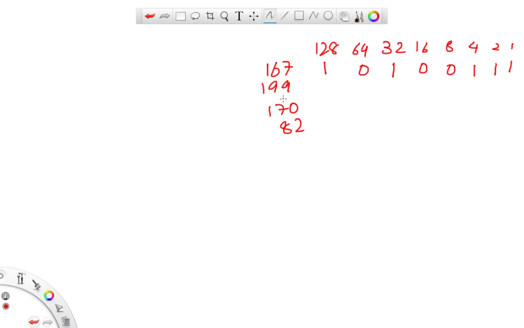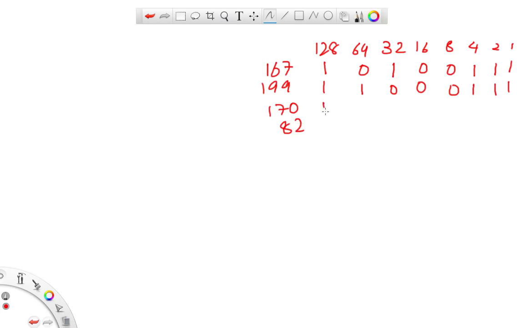For 199, you have 128, and you get a 71. Then you can have a 64, and 71 minus 64 gives you a 7 again. So in this case, you're going to have 4, 5, 6, and 7. This is for 199.